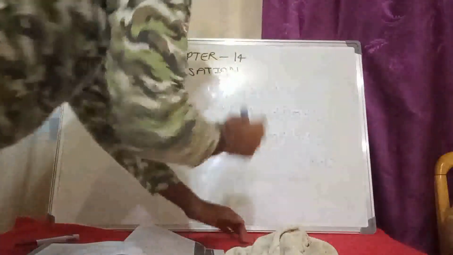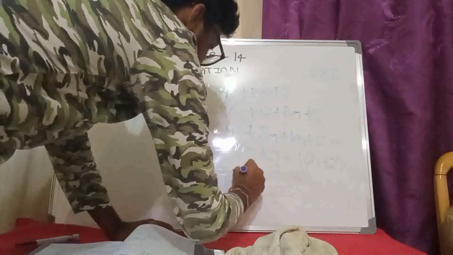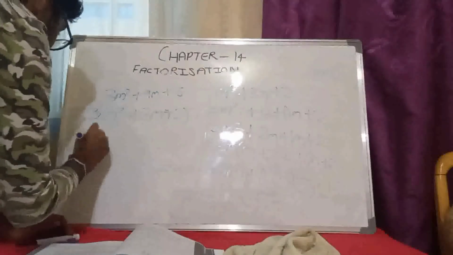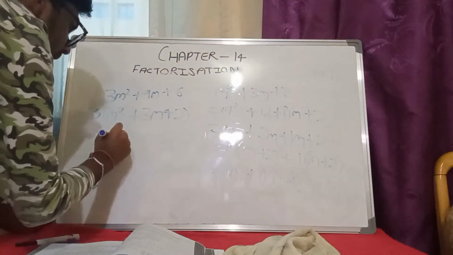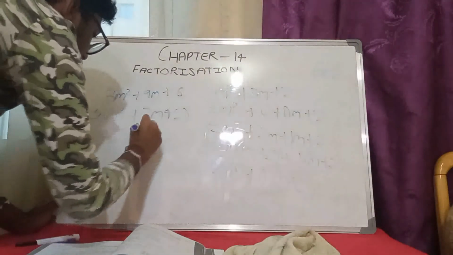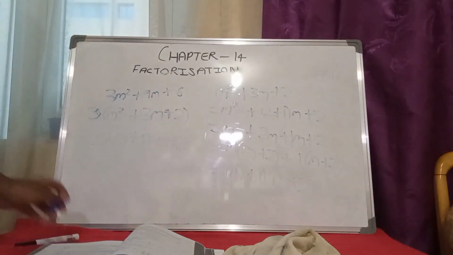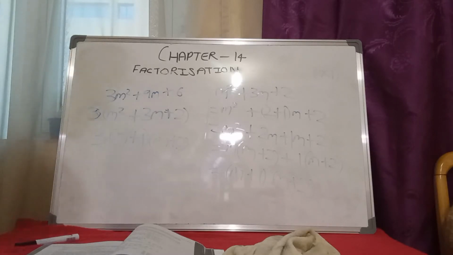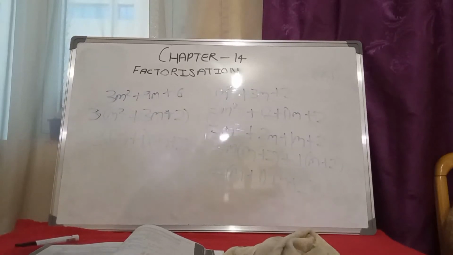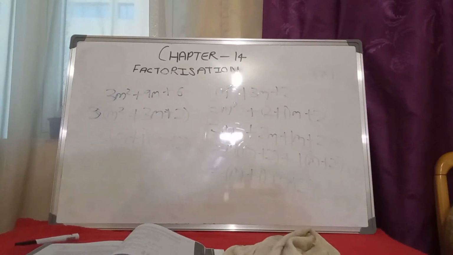So we can see here that m plus 2 is common, so it will be m plus 1 into m plus 2. So the answer will be 3 into m plus 1 into m plus 2. So this is another type of question where the fourth identity can come with more multiples.